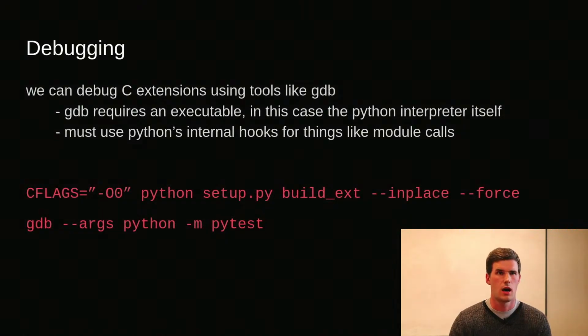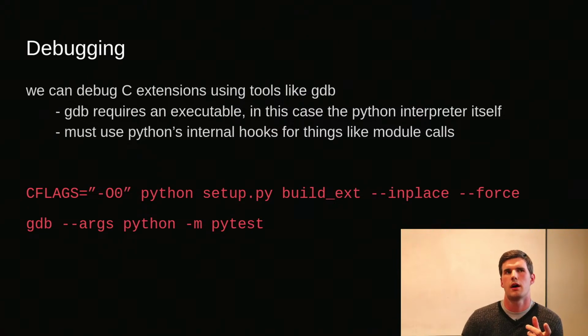Okay, I'm kind of doing this out of order. One of the things that you can do with C extensions is use debuggers. I don't know how many of you typically do your Python development using debuggers like PDB or PDB++ or something like that.